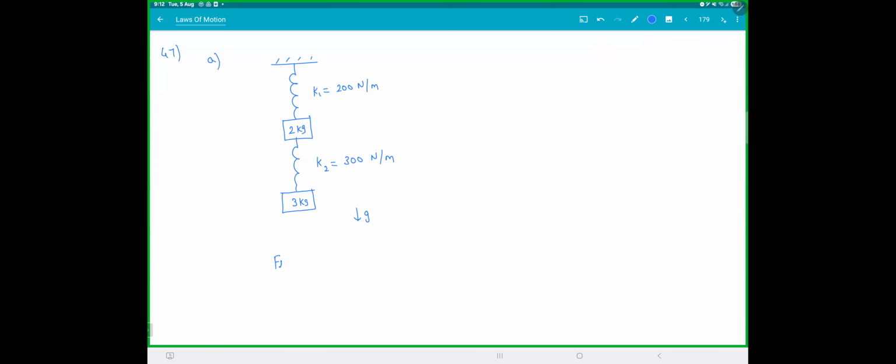Find elongation in each spring. In equilibrium.